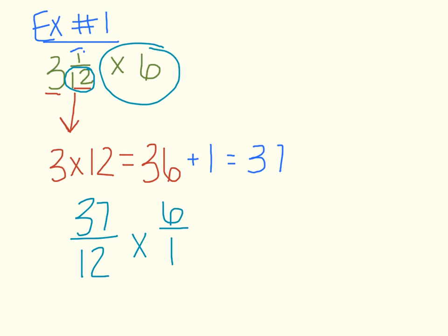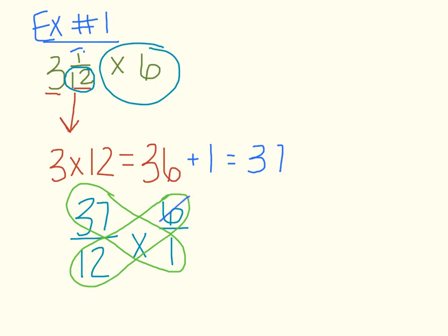Now let's go ahead and look across and see if we can reduce anything, which it looks like we can. 37 and 1 can't be divided by anything except for 1, but that's not going to change our numbers. So we leave those alone. And 12 and 6 can both be divided by 6.